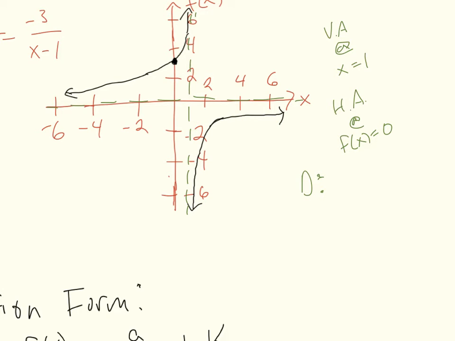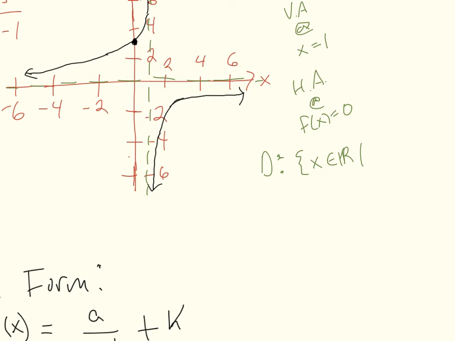So here the way we could write this domain, since we're going left and right, remember domain is our x values going left and right, we would say that x is in the element of R such that x does not equal 1. Okay, and that's some set notation right there. So domain is x is all real numbers, but we have the stipulation that x cannot equal 1.